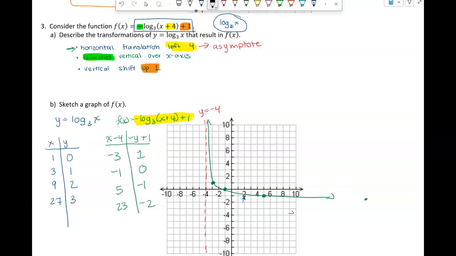But now I have to apply these extra transformations. So I want to subtract 4 from my x's, do a negative y for that reflection, and then add 1 for that vertical shift. So when I do that to all those points, I get these, and I draw that. And I already knew that my asymptote had to move left 4, so I would have drawn this asymptote right here.